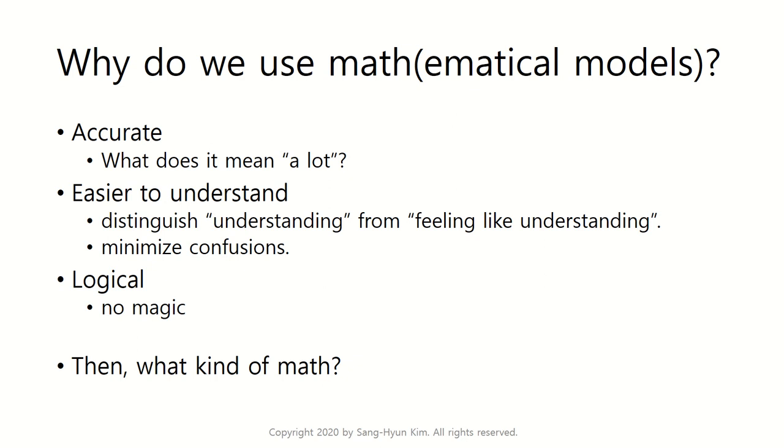Then, what kind of math do you use? That's the topic that I want to talk about today. So we are not going to use geometry for sure. We are not going to use, I don't know, combinatorics. We are going to use just two fields of math, two mathematical methods.